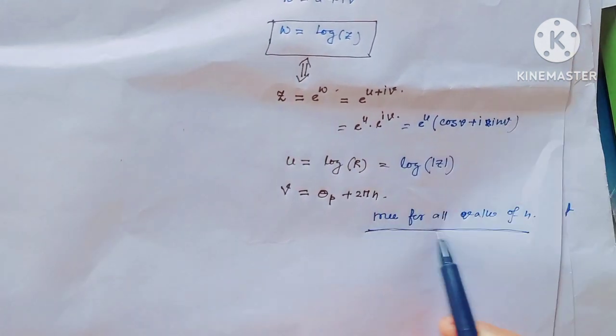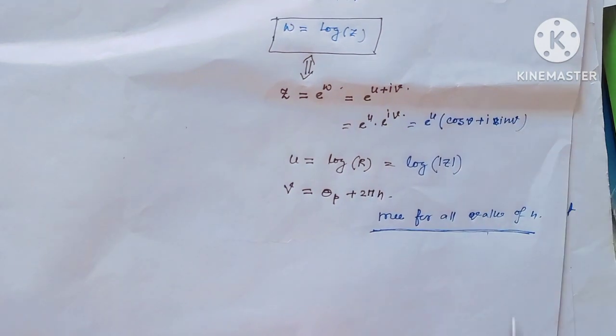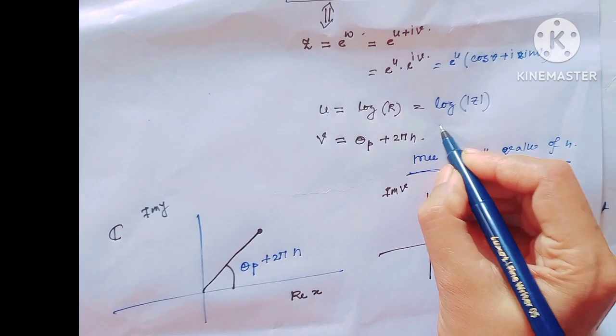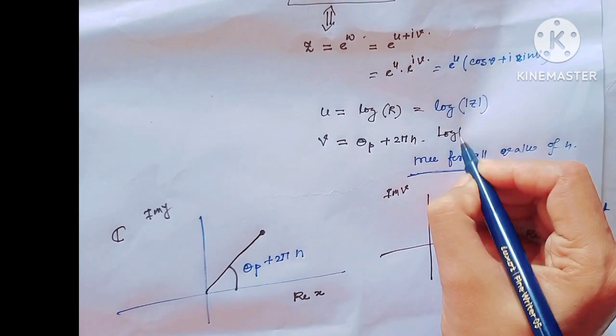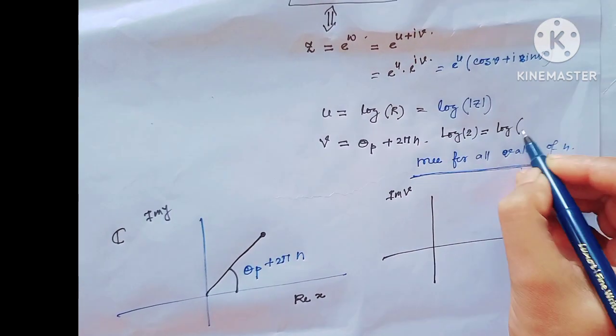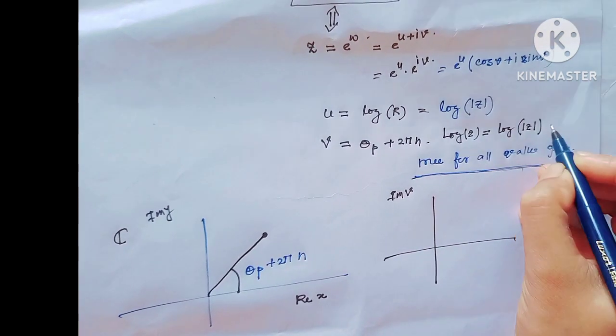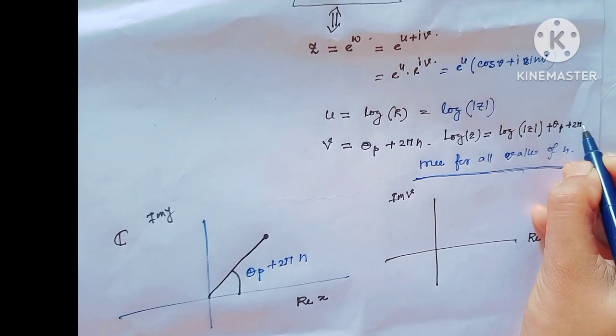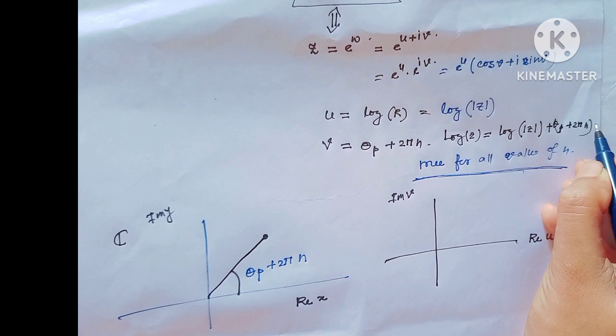Now notice the picture. That means log z equals log mod z plus theta p plus 2 pi n times i.